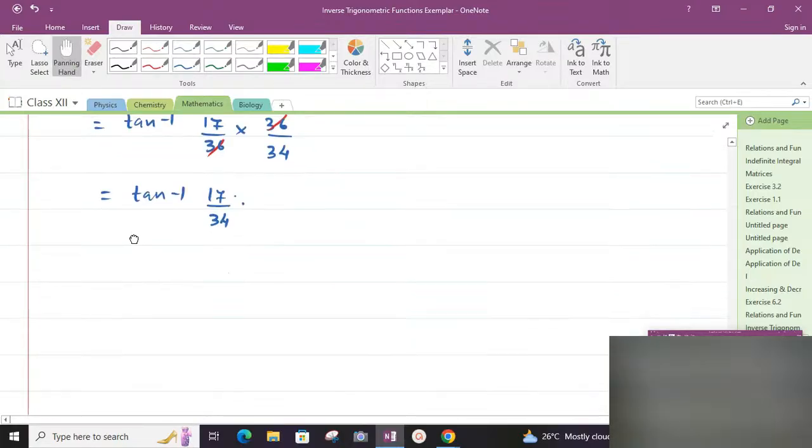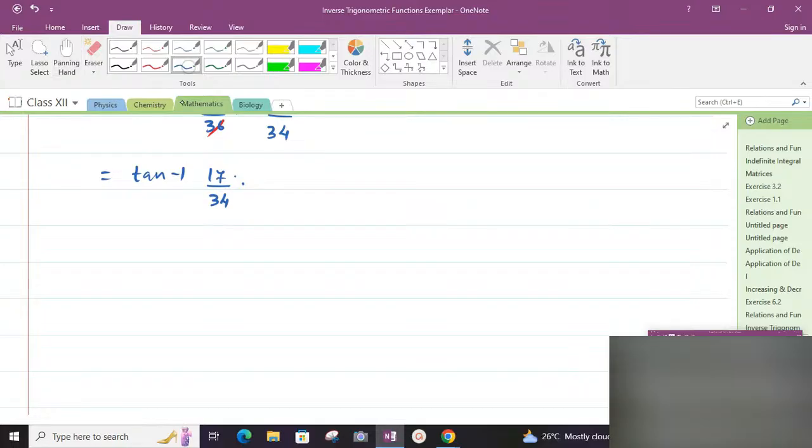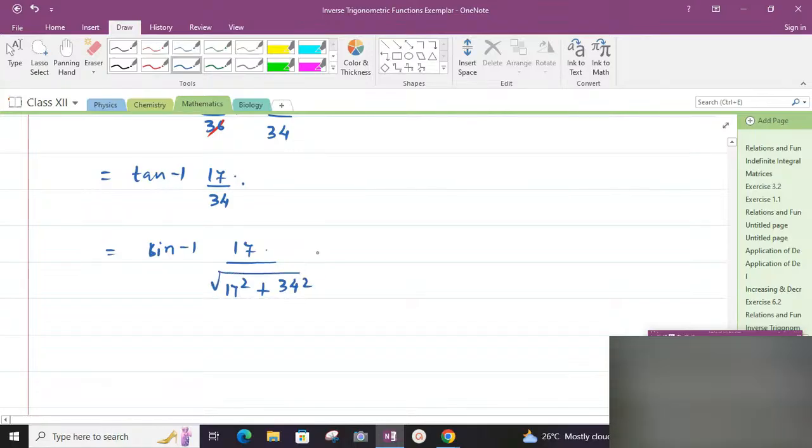Then it will be equal to sin inverse. We know that sin is p by h, so we have p equal to 17, and h will be the square root of 17 squared plus 34 squared. So here 17, and 17 squared is 289. Now we find 34 squared.